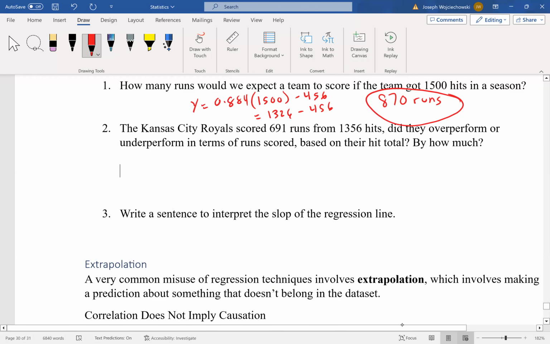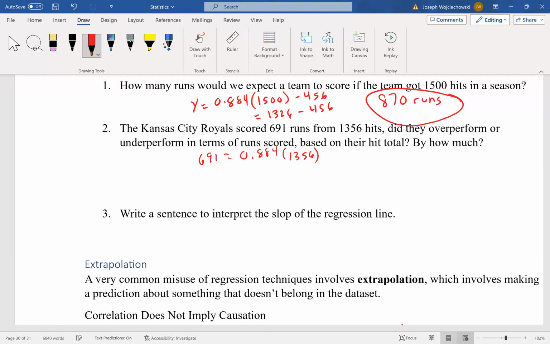So our equation says runs scored, we have 691 equals 0.884 times hits, minus 456.